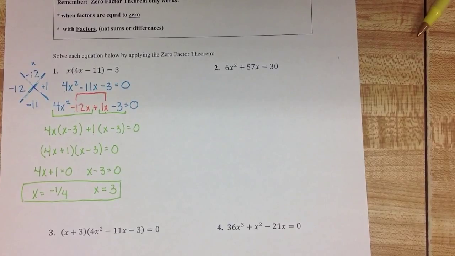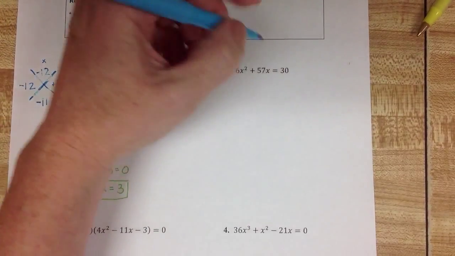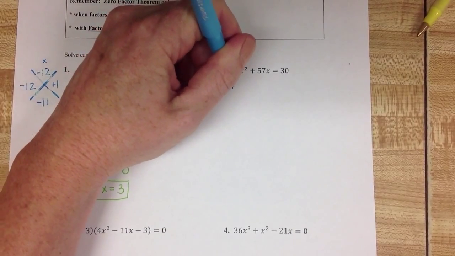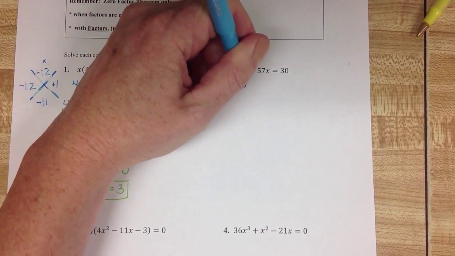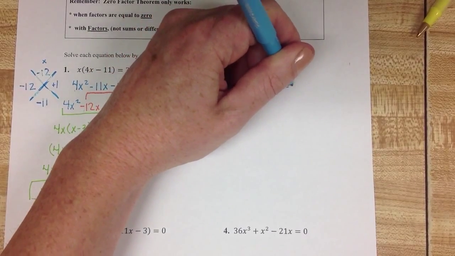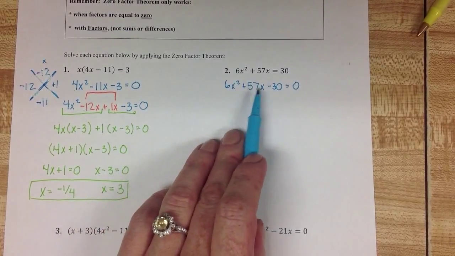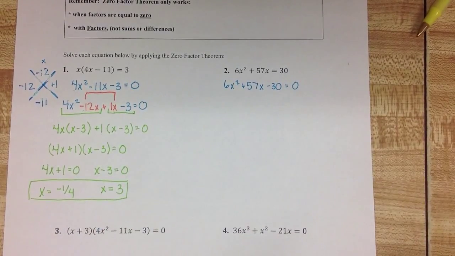In this next problem, I need to do just a tiny bit of rearranging to get it equal to 0, just moving that 30 to the other side. So I'll have a 6x squared plus 57x minus 30 equals 0. And I'm noticing that all of these coefficients have a 3 in them that I could take out.